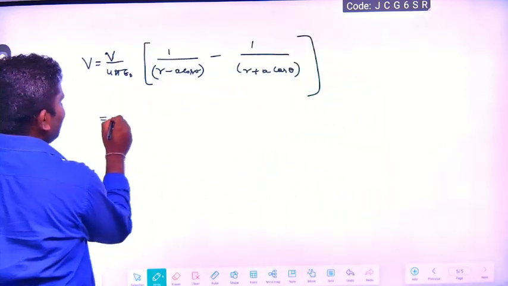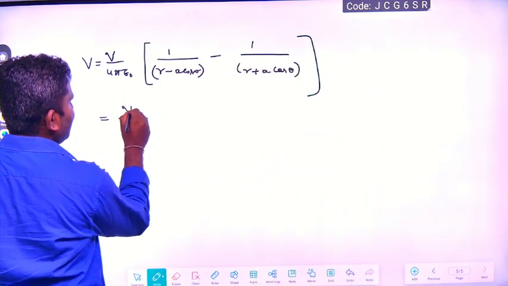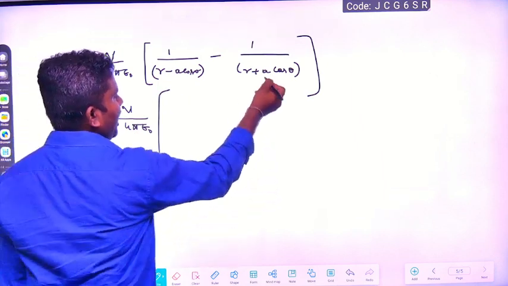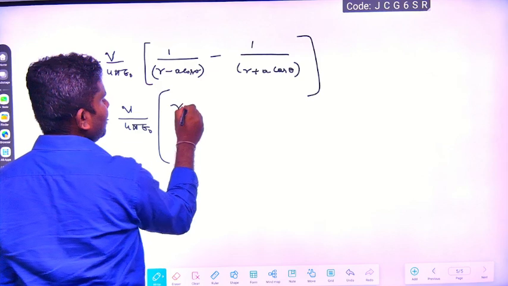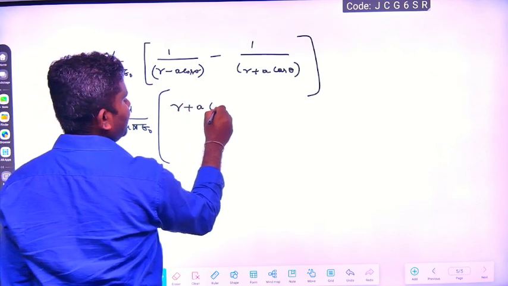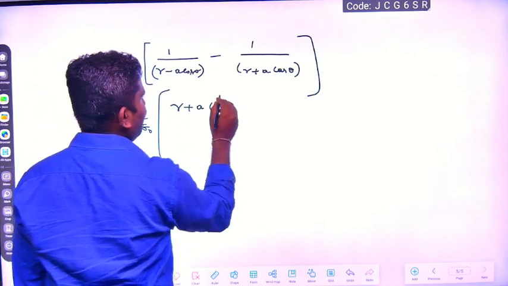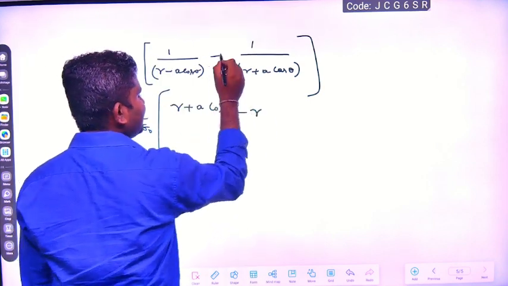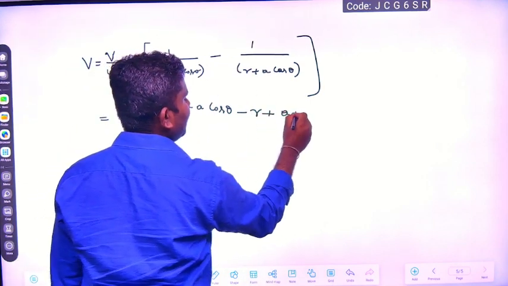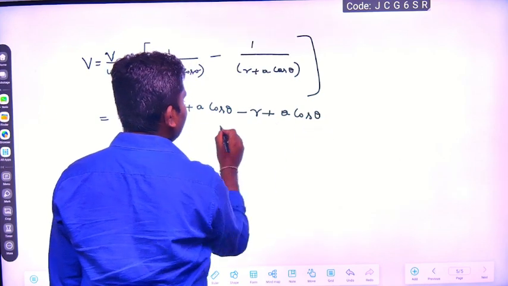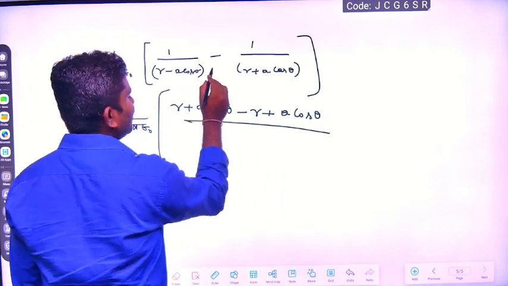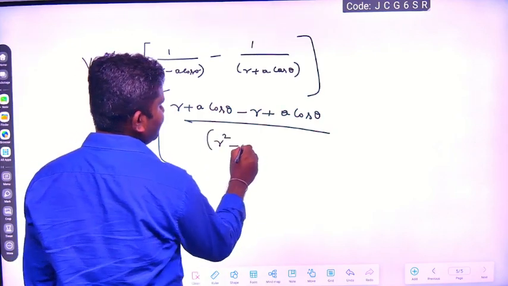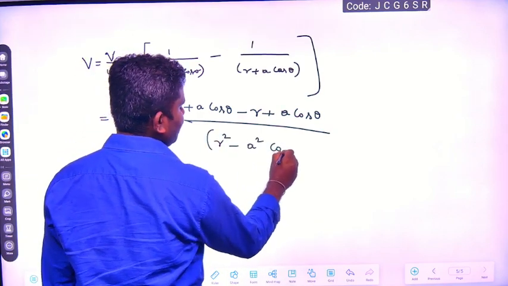Now it will be q divided by 4 pi epsilon naught, R plus a cos theta minus R plus a cos theta, divided by R minus a cos theta into R plus a cos theta, which is R square minus a square cos square theta.